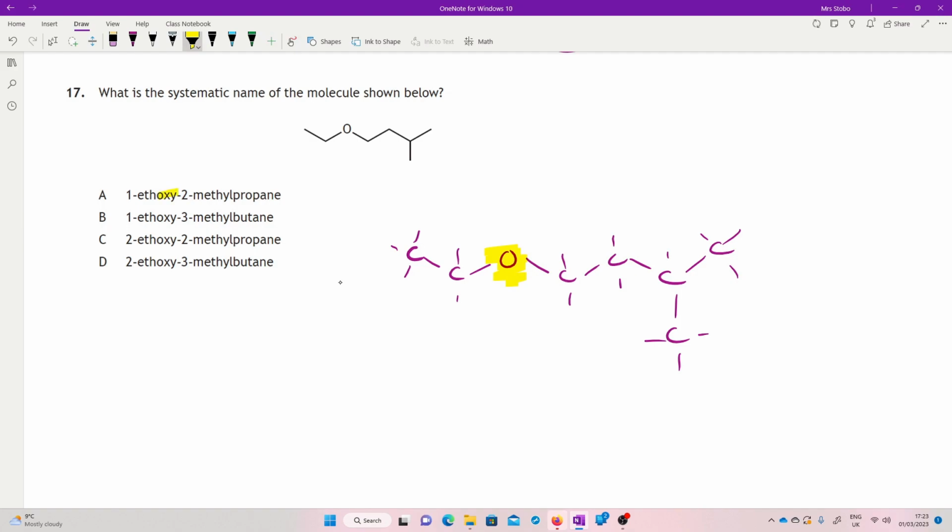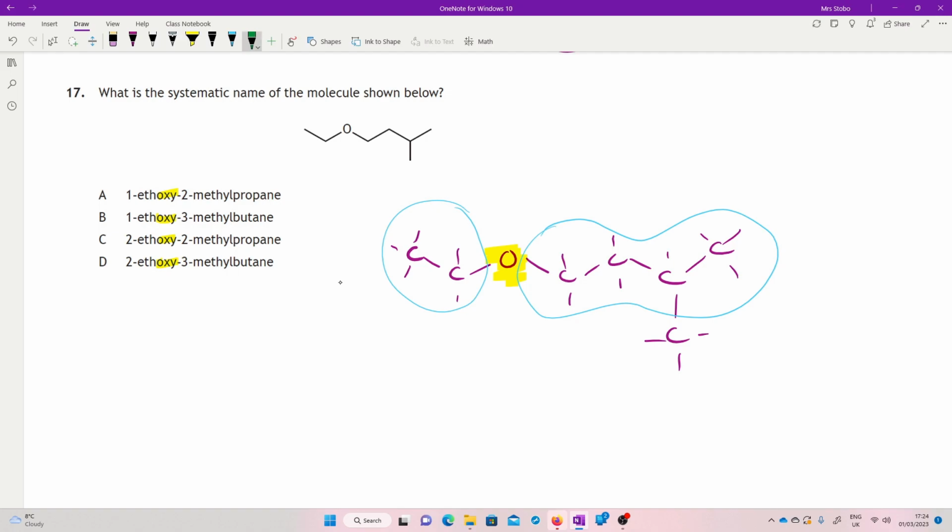So we've got an oxy, and they've been reasonably nice. They've told you it's ethoxy, and you're like, well, it must be because this is your side chain, which means this is your main chain. So our main chain is methylpropyl butane. And that gets you there actually. Oh no, it doesn't quite. Sorry. So you've got butane.